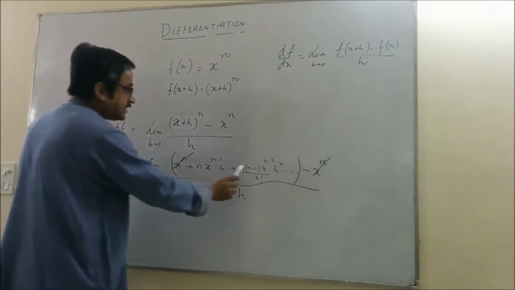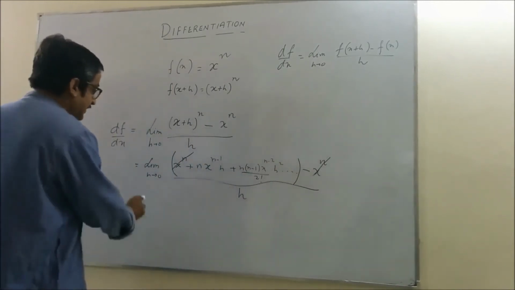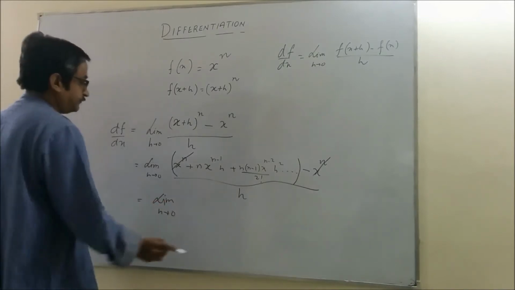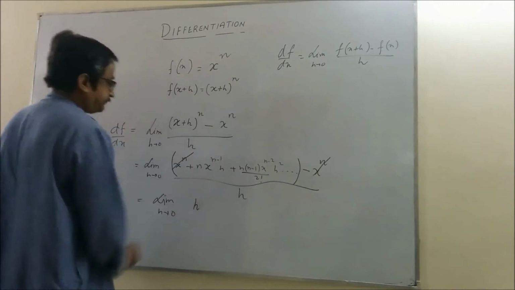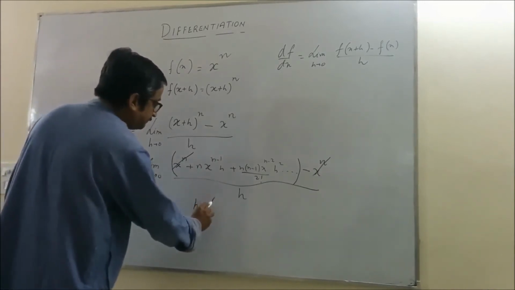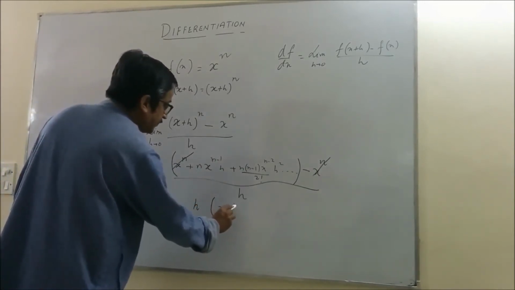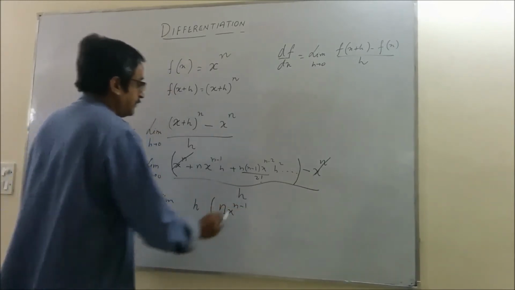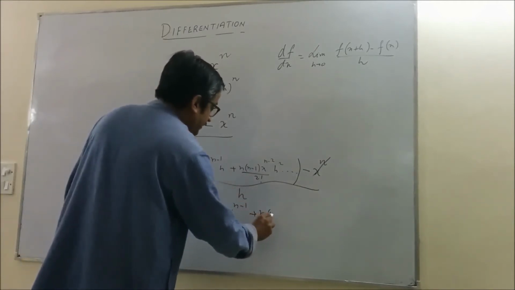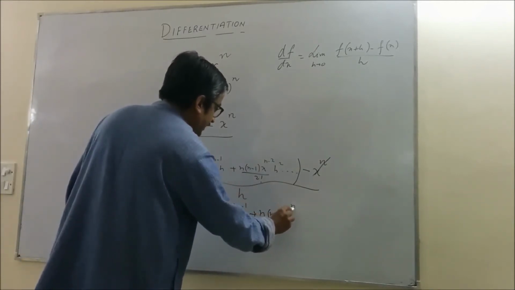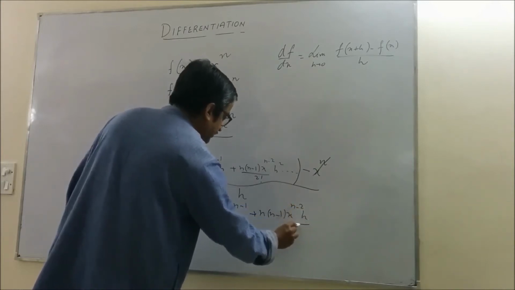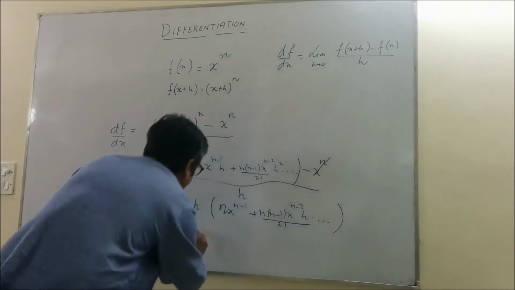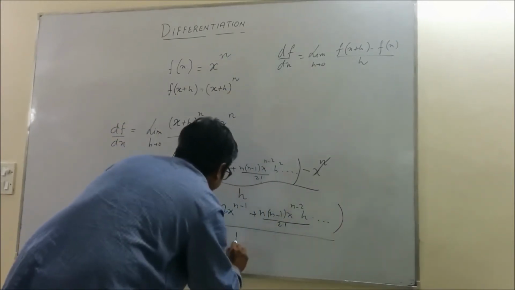Now see, all these terms contain at least one h. So I can take out h. I'll be left with n x to the power n minus 1 plus n into n minus 1 x to the power n minus 2 into h by 2 factorial and so on, divided by h.